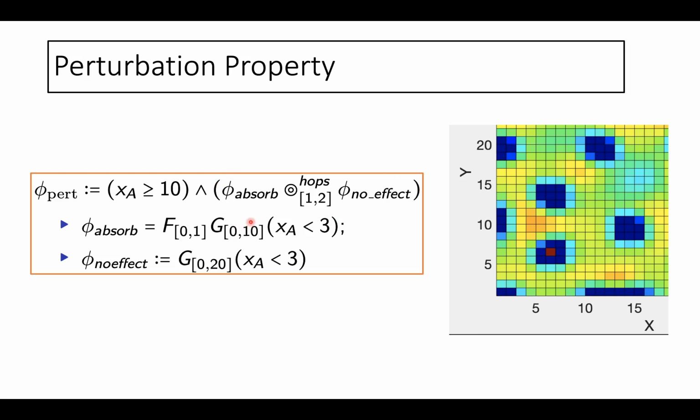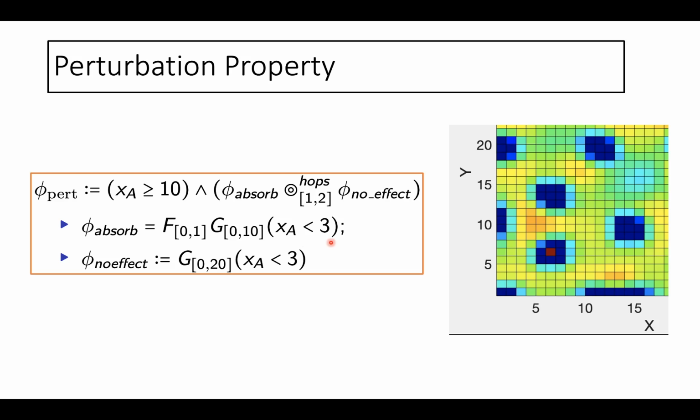In the second part, we are using again the surround operator, and this means phi absorb surrounded by phi no effect at a distance between 1 and 2. What does this mean? The first part, the property phi absorb, means eventually in a time between 0 and 1, it is always true that the value of A is less than 3.